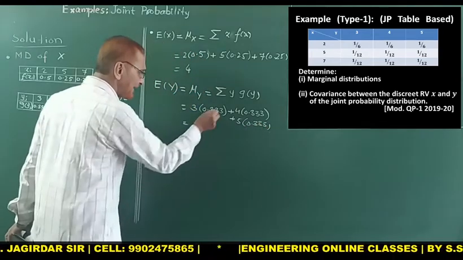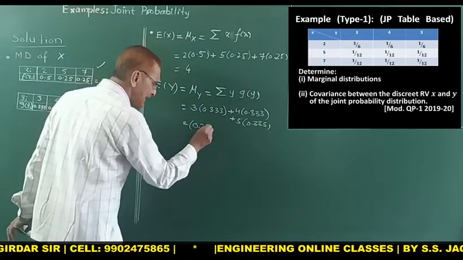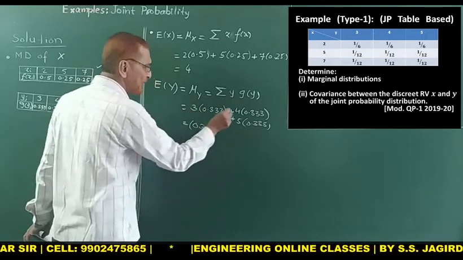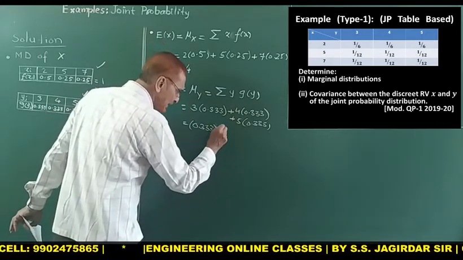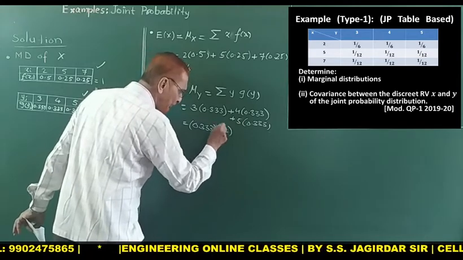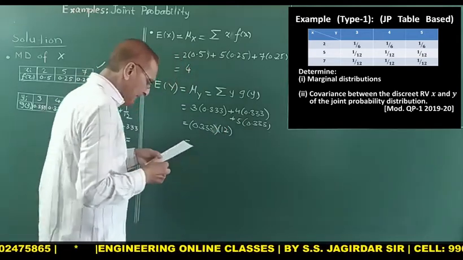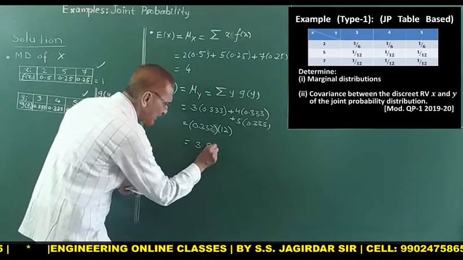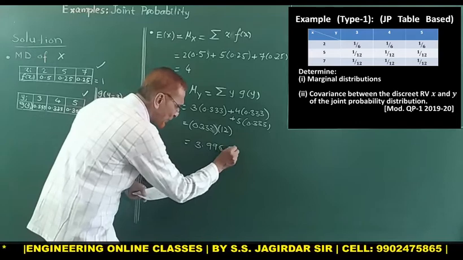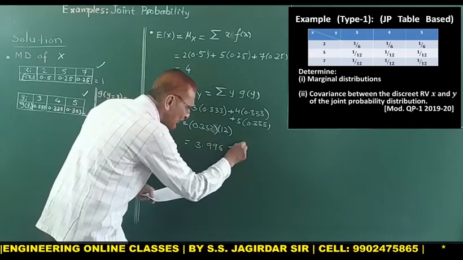You can see that 0.333 is common. 3 plus 4 is 7, 7 plus 5 is 12, so it is 0.333 into 12. If you work it out, it will be 3.996, which is approximately equal to 4.